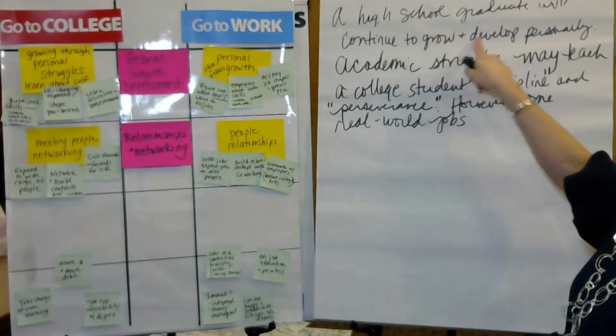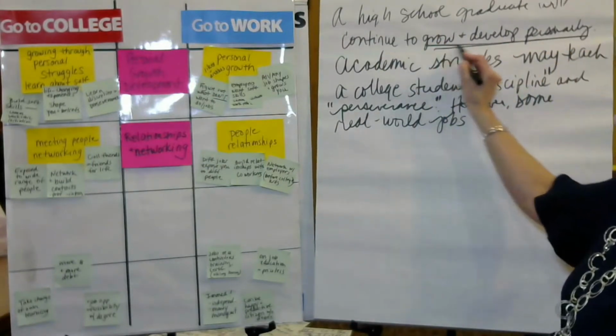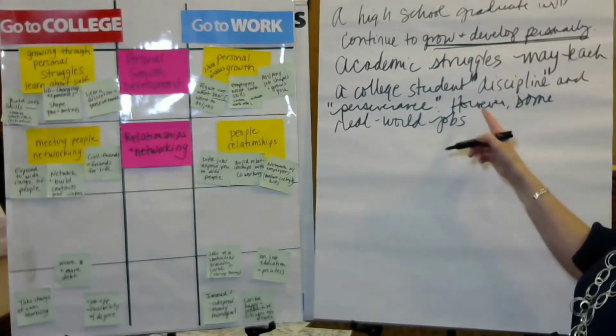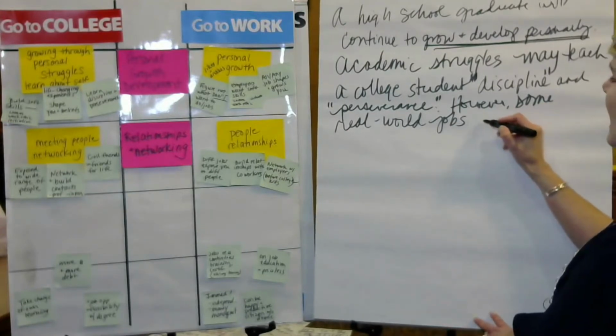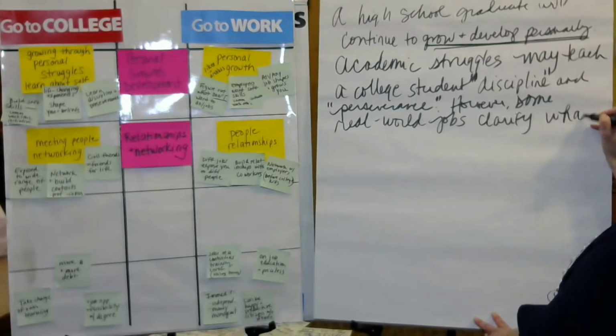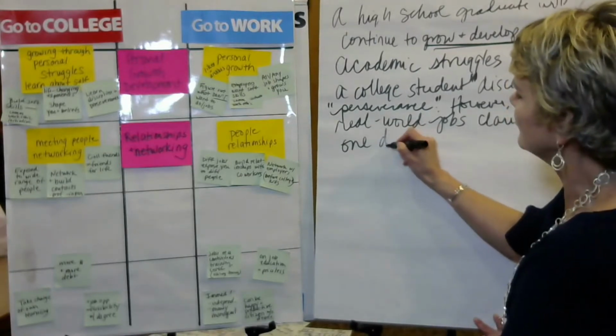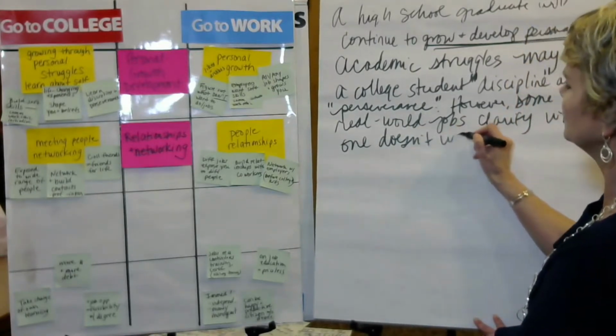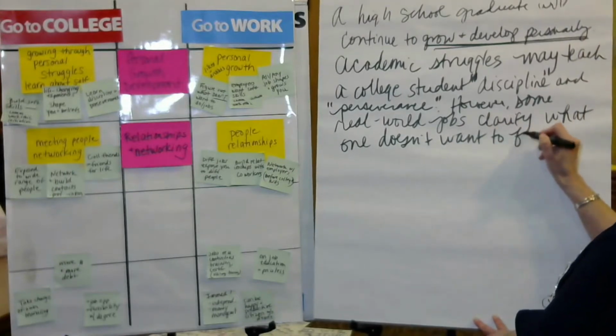Okay, so that's how we're growing. Remember, this is our topic sentence, grow and develop personally. However, some real world jobs clarify what one doesn't want to do for the rest of his life.